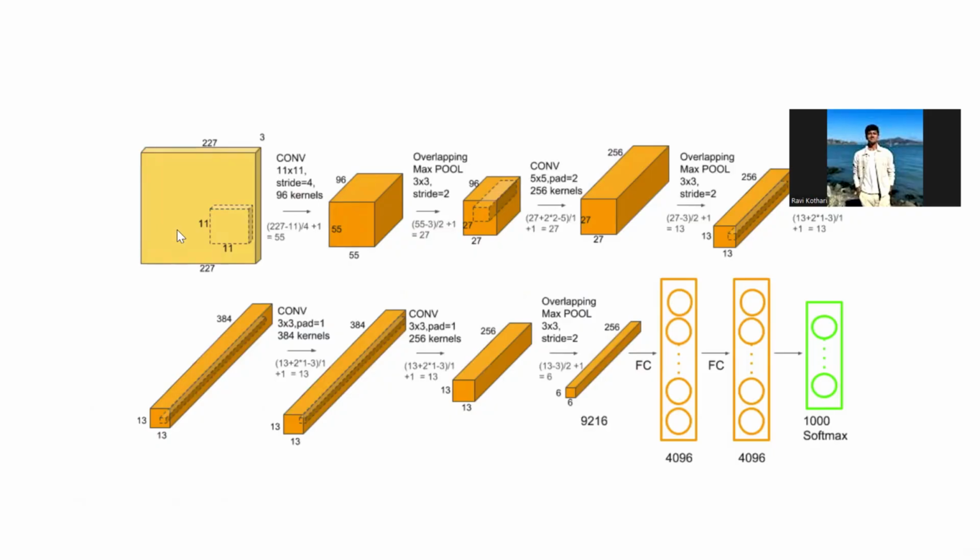We have the convolution kernels that perform convolution on this image, and we reduce the dimension as we go deep into the neural network. Here we can see that 227 cross 227 is reduced into 6 cross 6, and we can see the number of channels has increased.